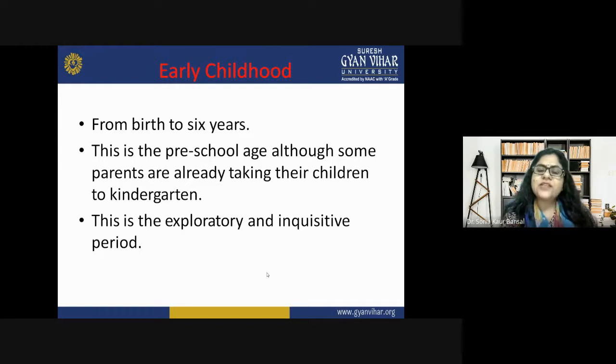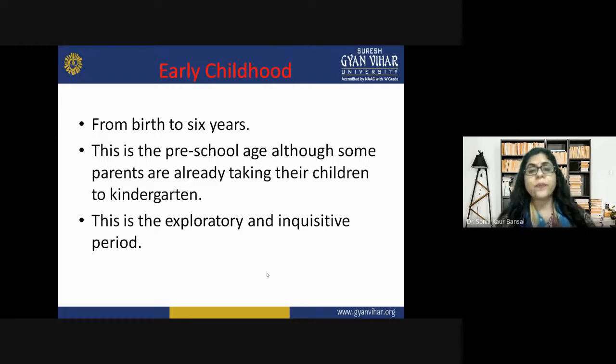This stage is full of curiosity. The child wants to learn about each and every thing. Even if the child sees a new animal or a leaf, the child is very curious what it is. Many parents keep answering at this stage, because this is really the inquisitive nature of the stage, where the child wants to learn and explore so many things.